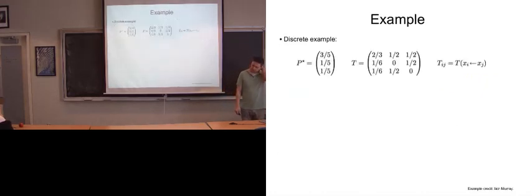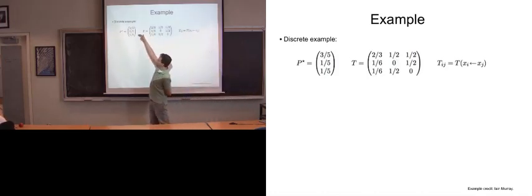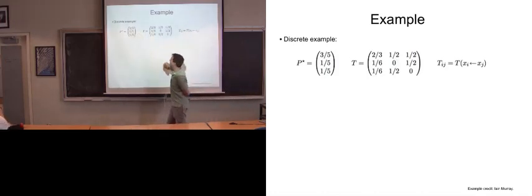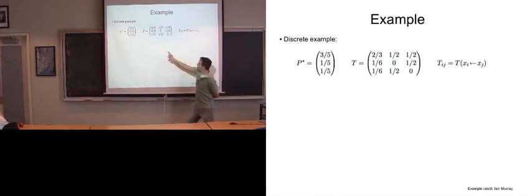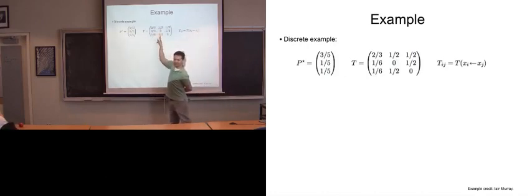So let's look at some examples. Let's look at a discrete example. Let's say I have a stationary distribution pi star. So the probability of being in state 1 is 3/5, the second state 1/5, and the third state 1/5. We define a transition matrix T, where Tij is the probability of moving from state j to state i. So these numbers sum to 1.